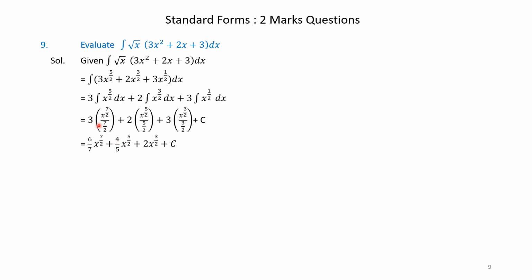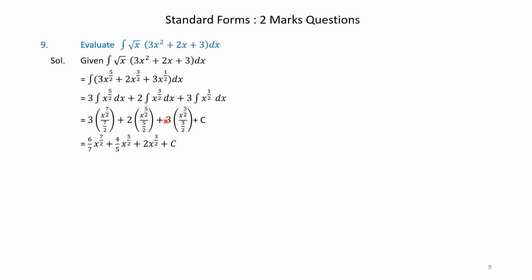Therefore, it is 3 into 2 goes to the numerator. 3 into 2 is 6 by 7 into x to the power of 7 by 2, as in the previous line, plus this 2 goes to numerator. 2 into 2 is 4 divided by this 5 in the denominator into x to the power of 5 by 2, as in the previous line, and then this 2 goes to the top. 2 into 3 is 6.